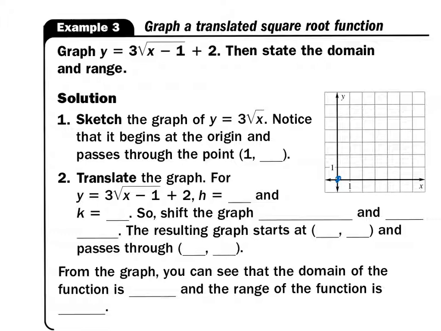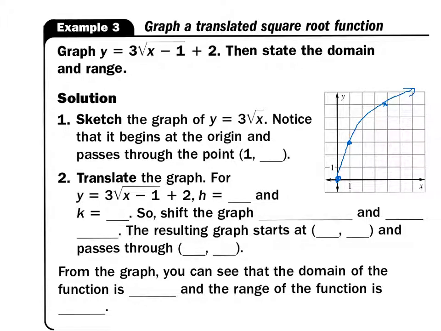If I have 1 in for x, it goes to 3. If I have 4 in for x, square root of 4 is 2, and 2 times 3 is 6. So 4 for x would get me 6 out. 1, 2, 3, 4, 5, 6. So here is my original graph.